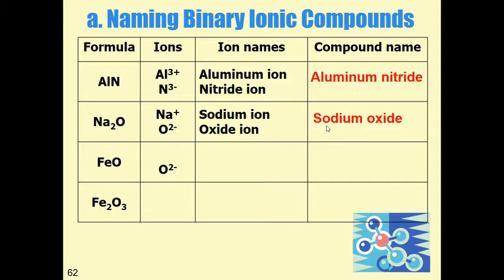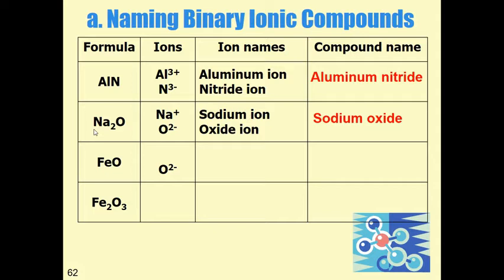If you were to use your flow chart to name this, let's do the Na2O. You would say, is there a metal in the compound? You should be following along on your flow chart. Yes, there is. This is the metal right here. The next question says, is that metal a transition metal or one of those other elements?